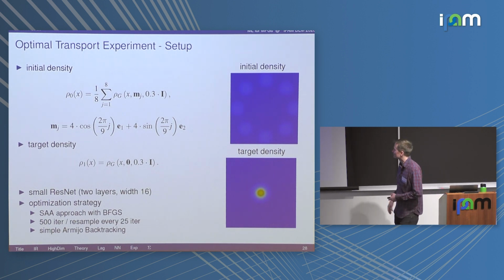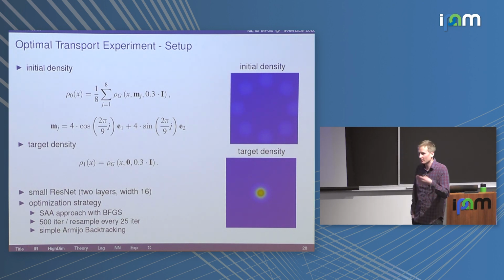What we chose to do is something silly, and we have to get more serious. Derek and some other people are already working on using this for more interesting data sets. But what we chose here is these 8 smaller Gaussians that we want to push into the middle, and we can formulate this problem in any dimension by just saying it's only the x1 and the x2 dimension that matter.